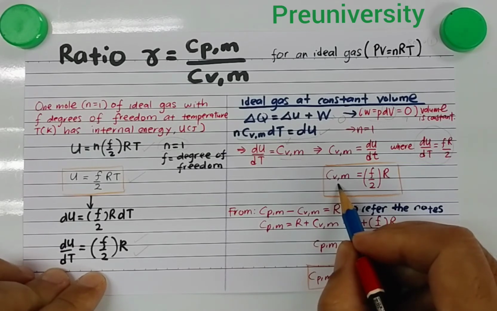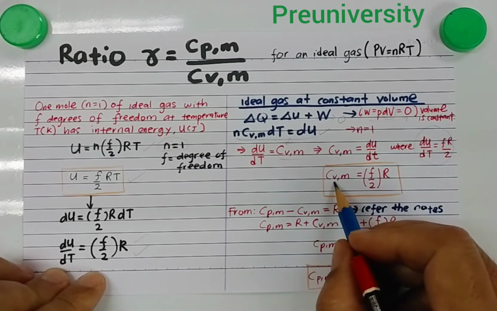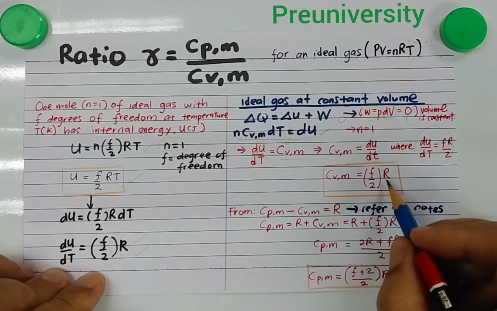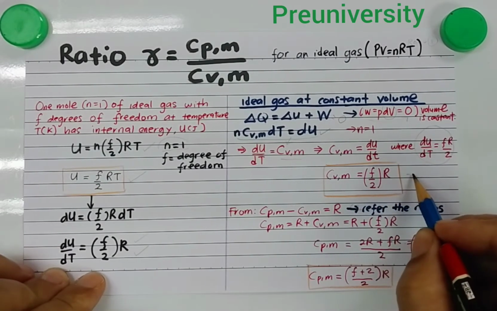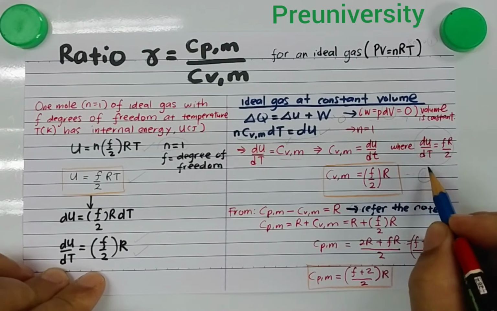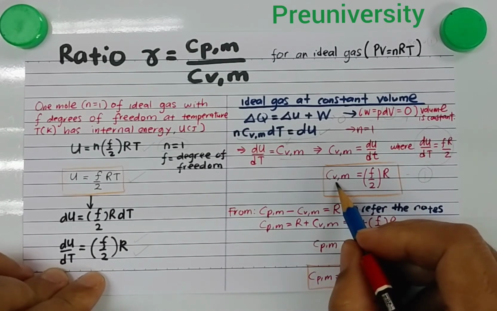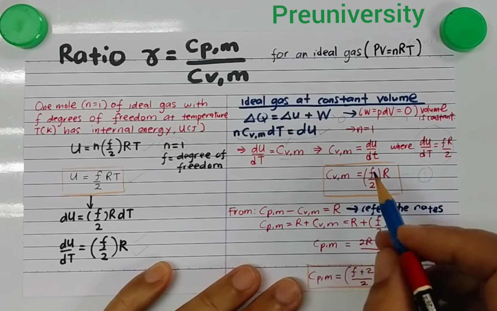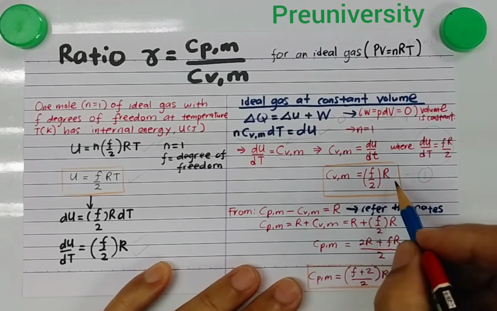So the molar heat capacity at constant volume is equal to F over 2 R. This is the first equation related to the CVM. Hope we understand how to get this equation.